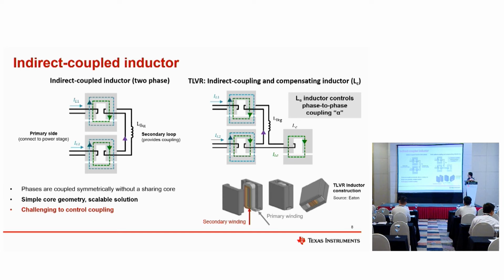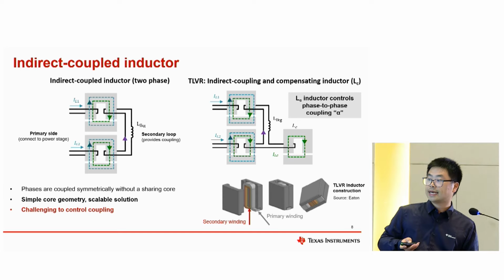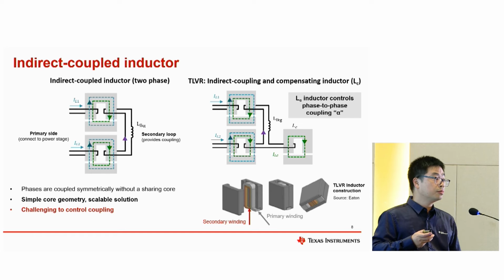And here we can see a conventional inductor from Eaton. We can see that the primary side and the secondary side are in parallel here. So we can design the multiphase buck and the TLVR on a single PCB.